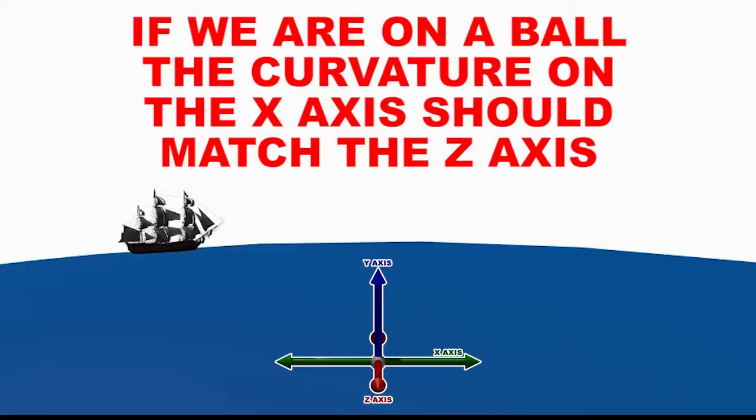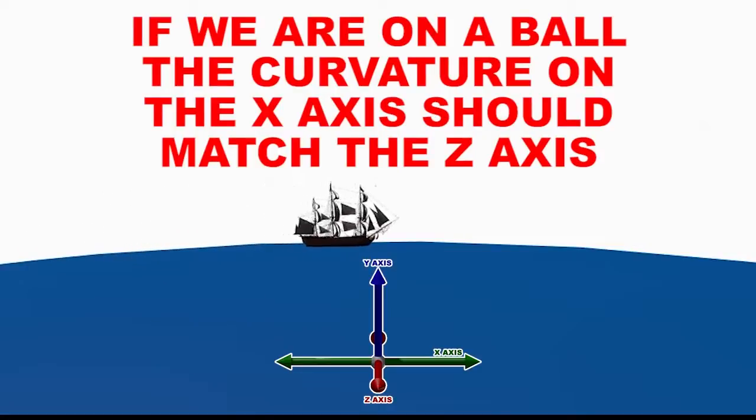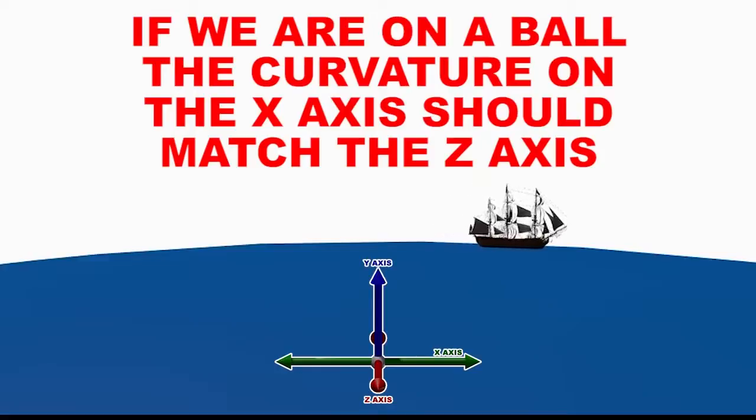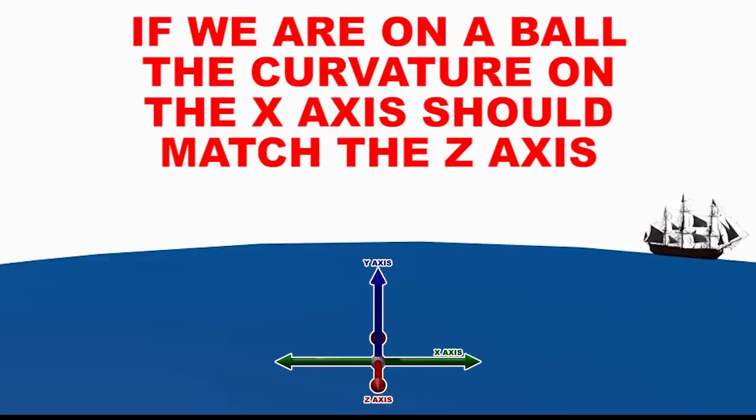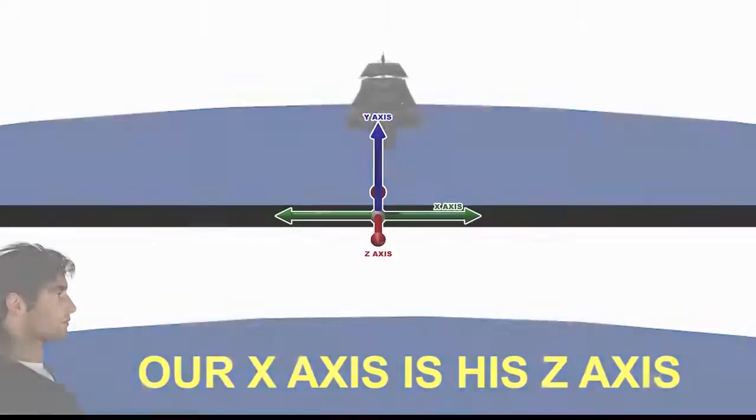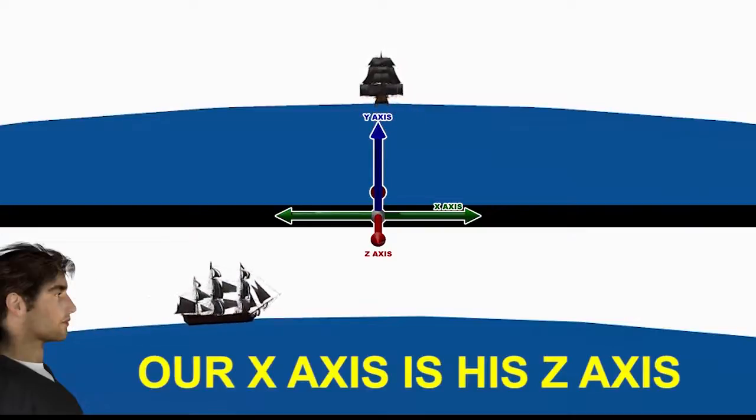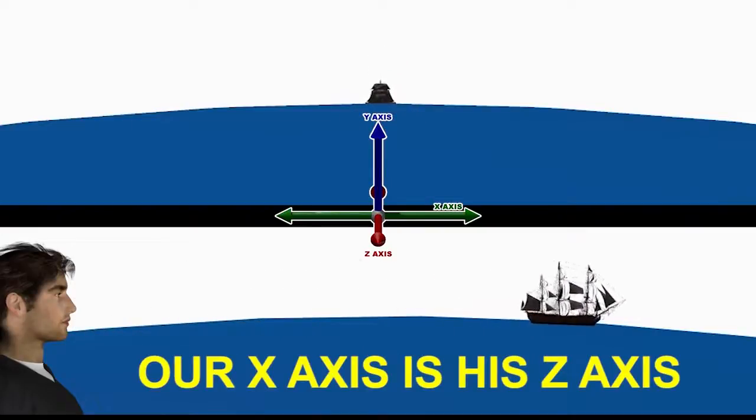You should be seeing ships rolling up to the top of the ball and rolling down on the lateral x-axis. If it's a ball, they've got to be rolling both ways, away from you and side to side. We never see that though.